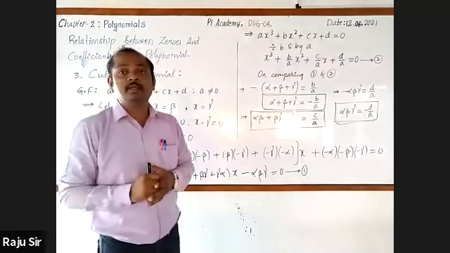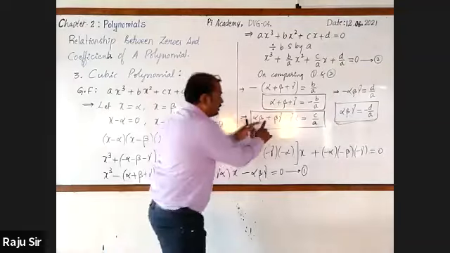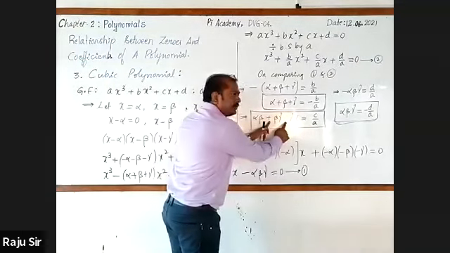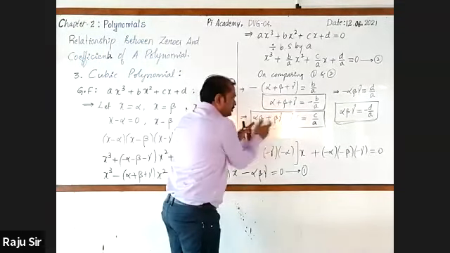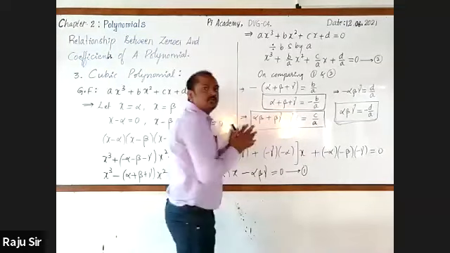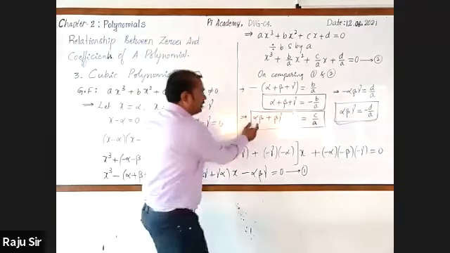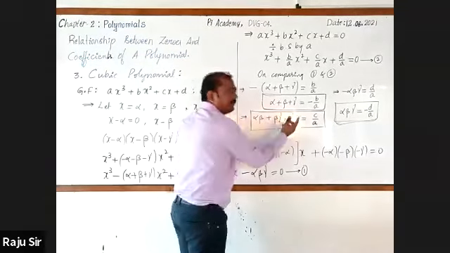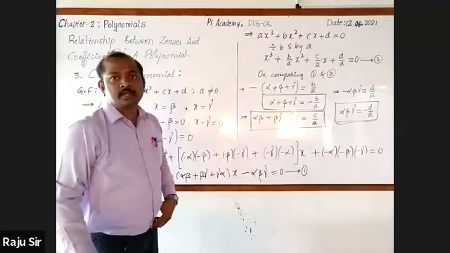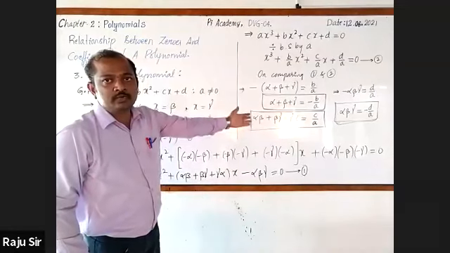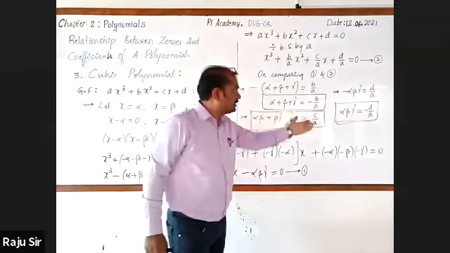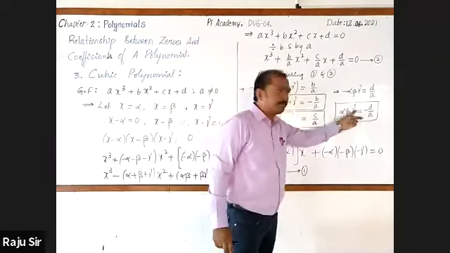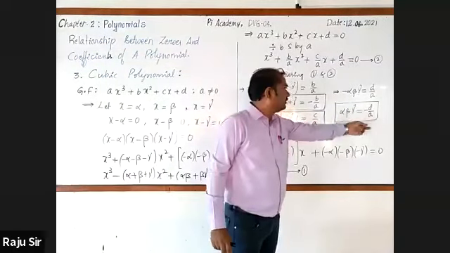This can be read as the sum of two zeros taken together. Here, alpha beta two zeros, beta gamma two zeros, gamma alpha two zeros. The sum of the product of two zeros taken together is c by a. Whereas alpha beta gamma is minus d by a.